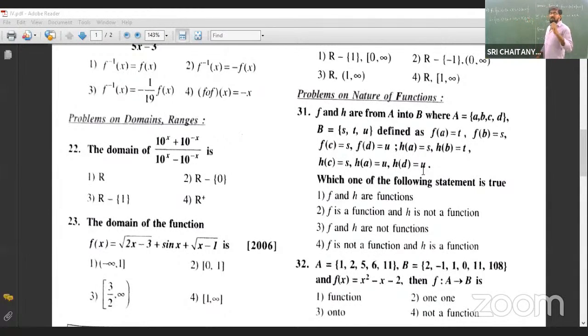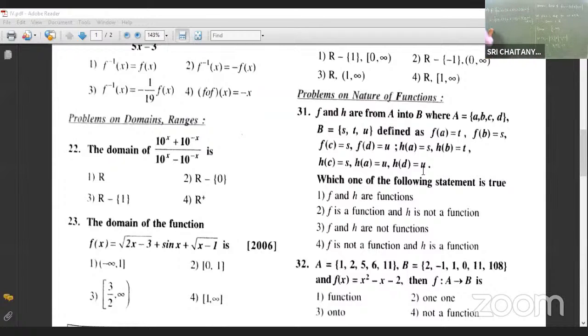I repeat, first point: if the domain repeats, it is not a function. According to the function definition, every element in set A should have only one image in B, but a has two images called s and u. Hence, it is not a function.